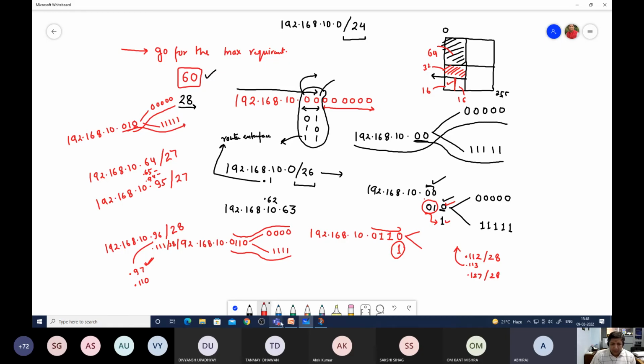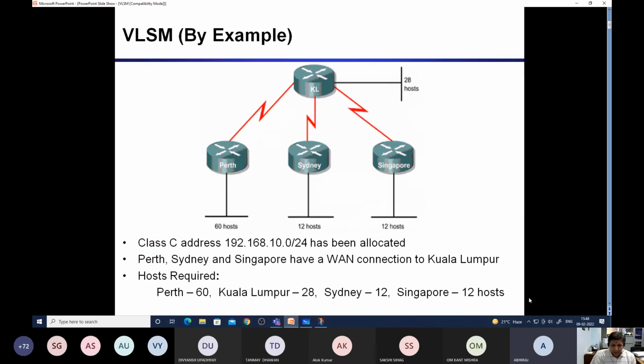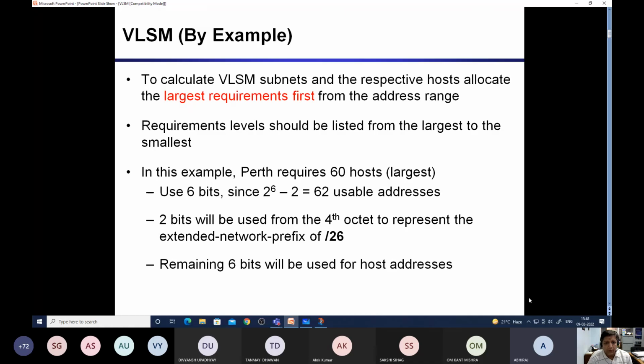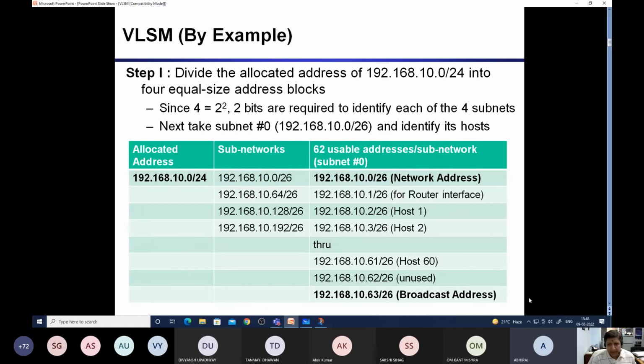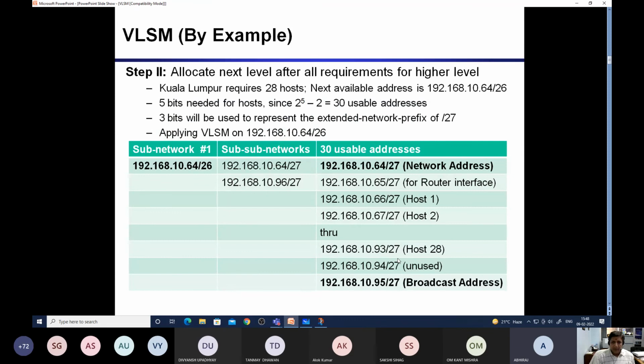Now all these four, we can see in the slides also one by one. So this is the first subnet, as you can see, network address, 63 broadcast address, .1 is given to router interface. Fine. If you go to the next, 64/27 is a network address, 95/27 is a broadcast address, and router interface is assigned with .65.